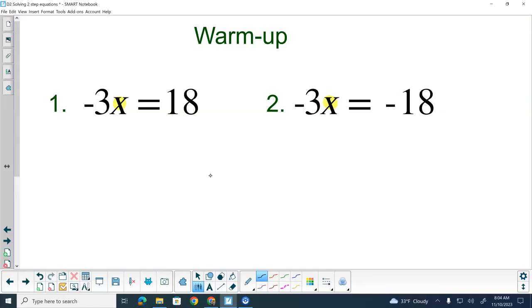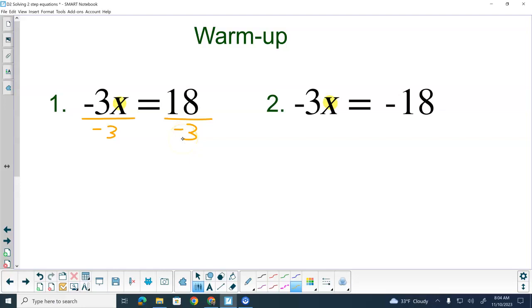Multiplication. So what's the opposite of multiplication? Division. Okay, so I have to divide by what? The kicker here is I've got to divide by -3 because that's what the number was in front of the x. The coefficient of x was -3.